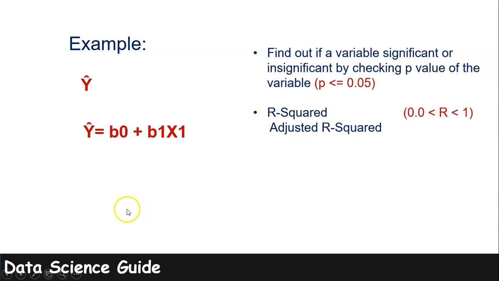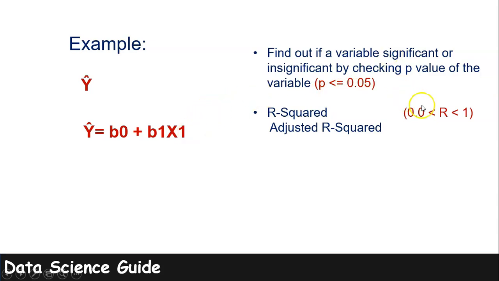Let's say, for example, I started with one variable here, which is x1. After I run the regression model, I want to find out if this variable is significant or insignificant by checking the p-value of the variable. If the p-value is less than or equal to 5%, that means this variable is significant.